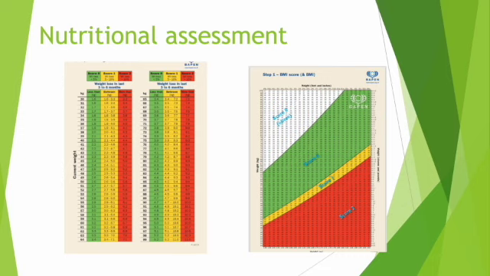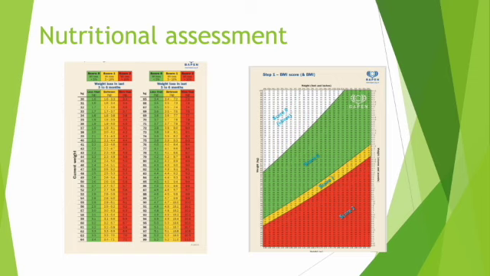You will have to see the patient's weight and height, and see which area it falls into. If it falls into green, it means 0, if it falls into yellow, it means 1, and if it falls into the red zone, the patient's BMI score is 2.